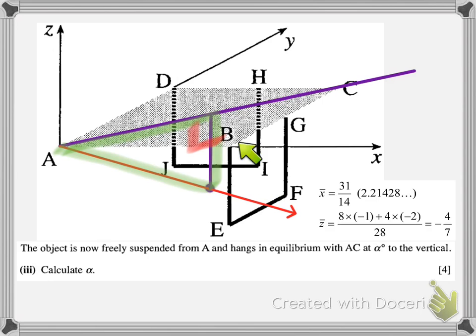So here's the right angle triangle, and the right angle is here in between AC and the vertical, which is parallel to the Z-axis. The angle that we're looking for is alpha, which is over here.